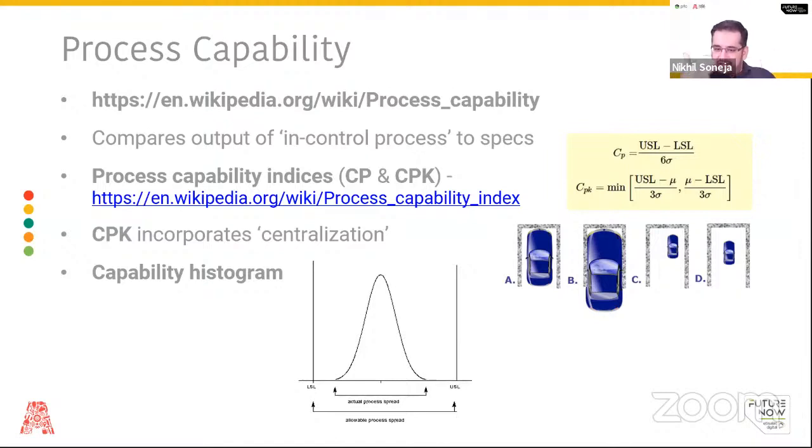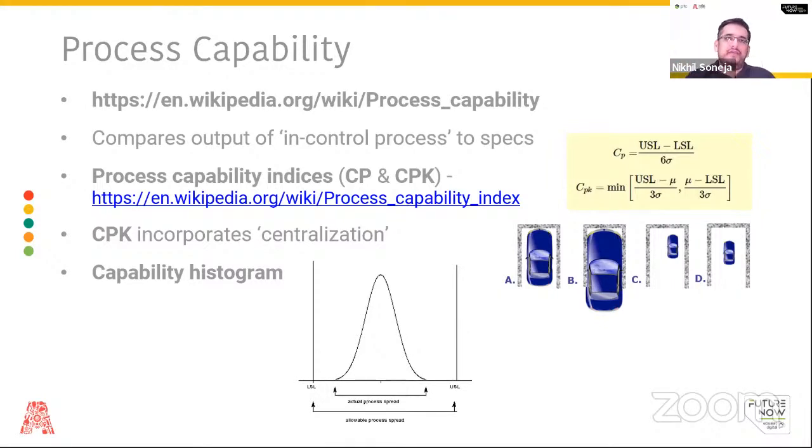But the difference between CP and CPK comes in C and D. In C, you see that it is still a capable process because your car fits in the garage, but it's not centered, and the CPK there will therefore be lower. Whereas in D, it is perfectly centered, which means the data is centralized. The same way in your spread of values, you can think of a dartboard as another analogy.